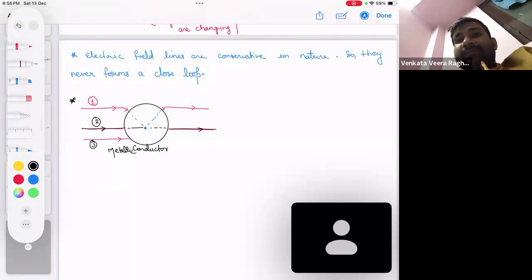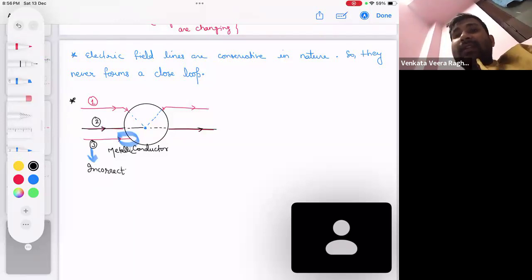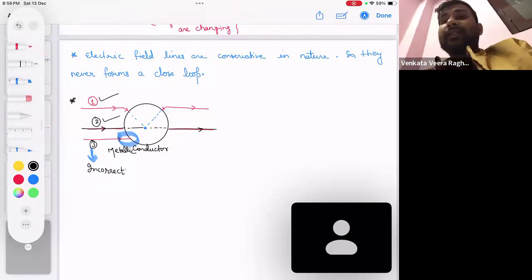Because in the third case, I did not draw them perpendicular to the conductor. Because of that, the third one is incorrect. It is an incorrect representation of the electric field lines. The first one is correct, the second one is correct. Is that clear?